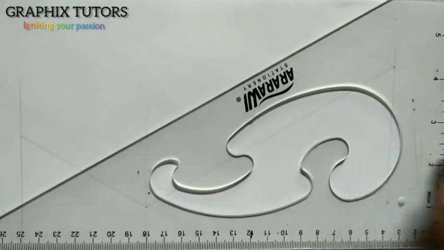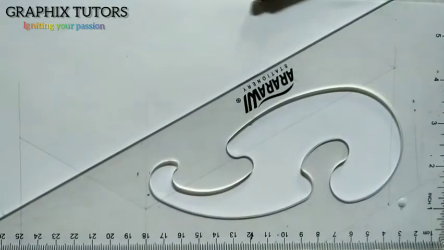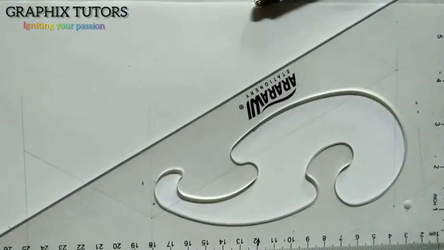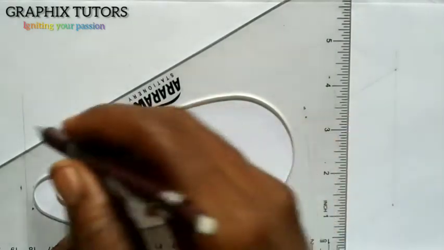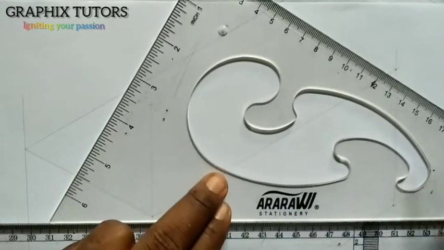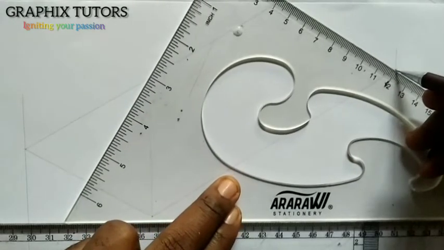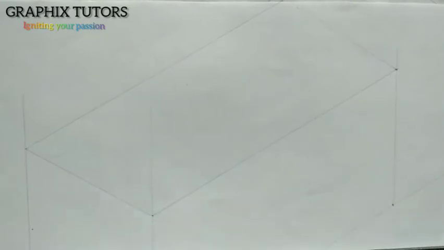And use this to join that. I'll just join from here to that point. So the first thing I'm drawing out is my box, where they meet.